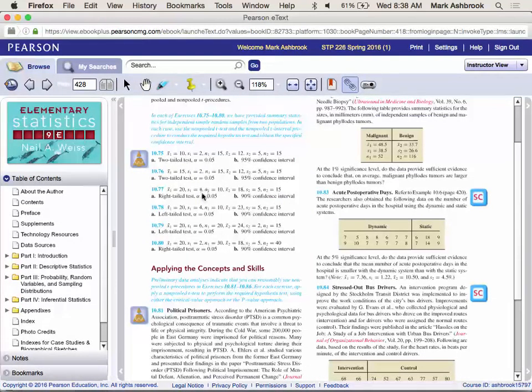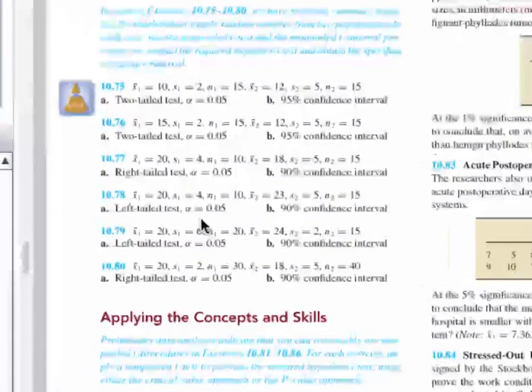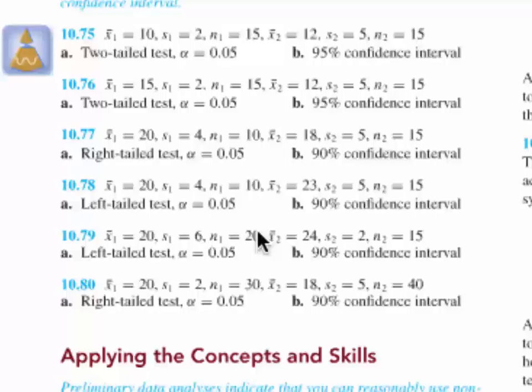So we're going to do 10.78. Write that down. I'll do the StatCrunch, and then you'll do the rest.